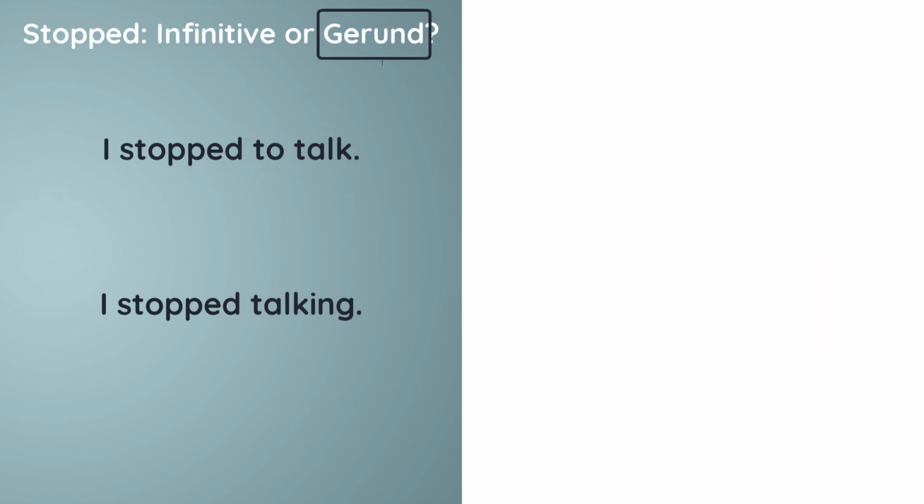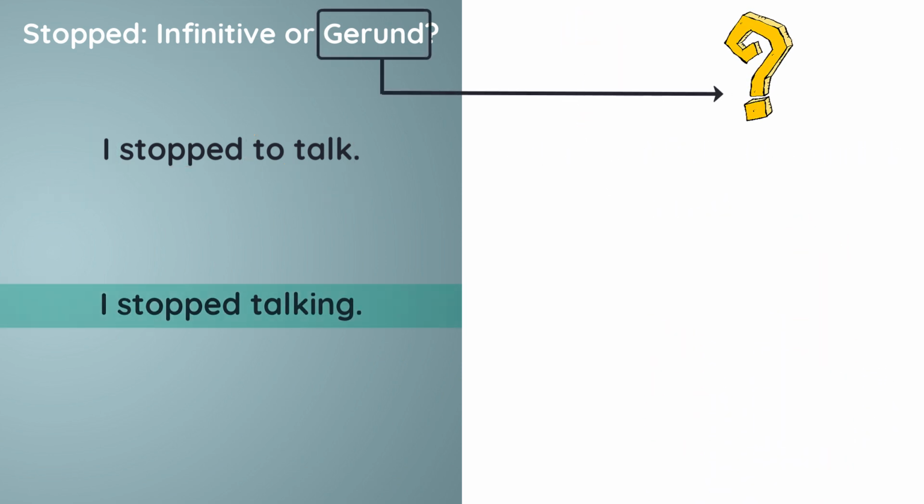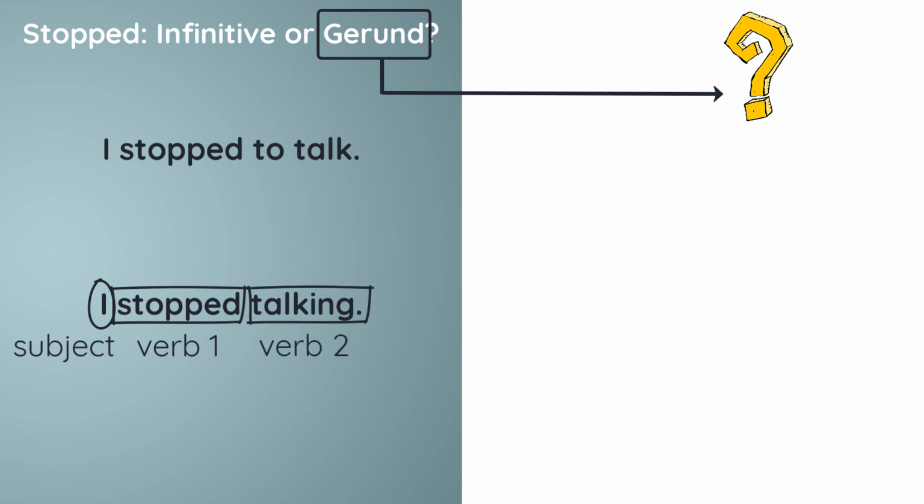Now down here, I have what's known as a gerund. So a gerund is we have the subject, we have the first verb, just like above, and we have a second verb. But what you'll notice, first of all, there's no to. And secondly, we have ing.